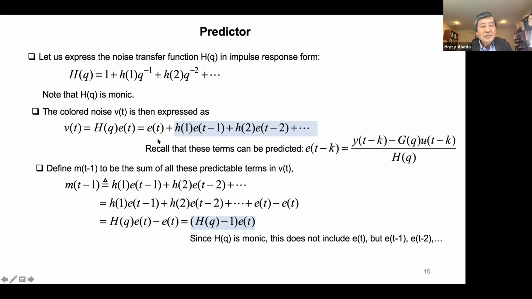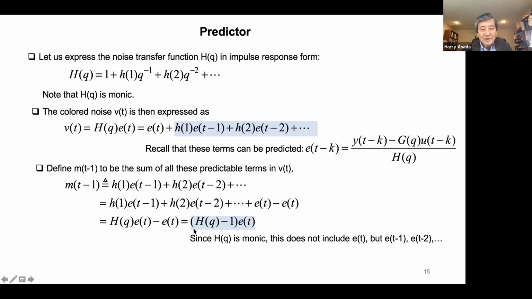Let me replace this by m(t-1). We just wrote all these terms sitting here. This should be predictable. In doing so, I added a technique: plus e(t) minus e(t). It does nothing. But if you look from here to here, this is nothing but H times e, and then minus e(t).